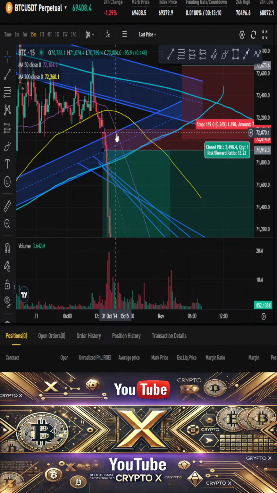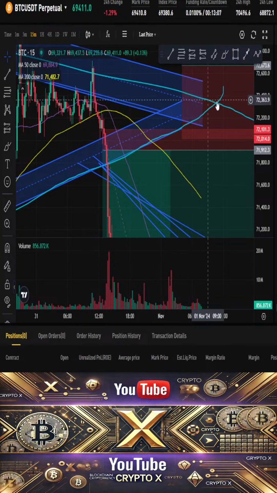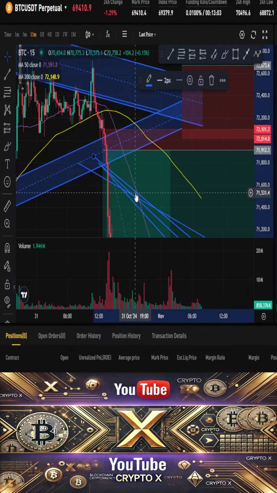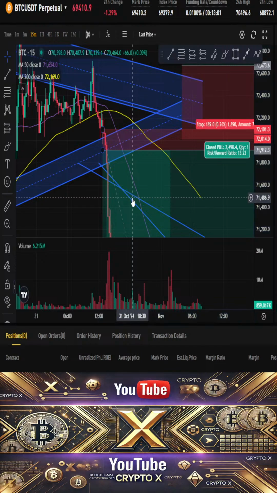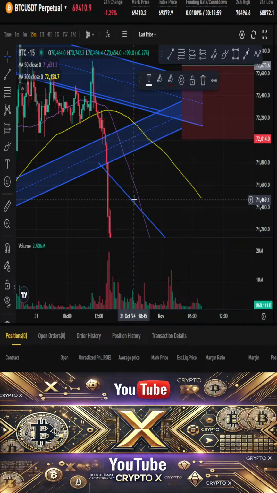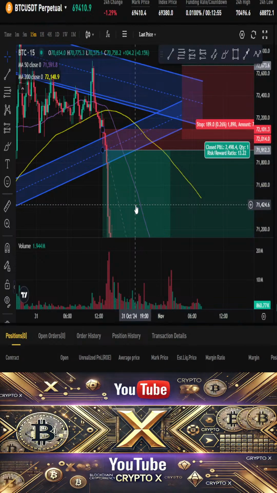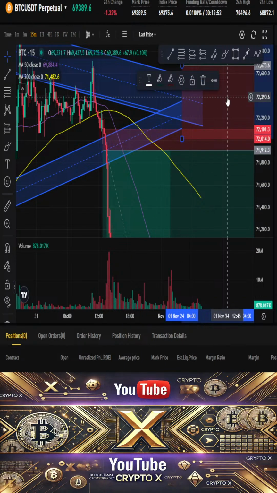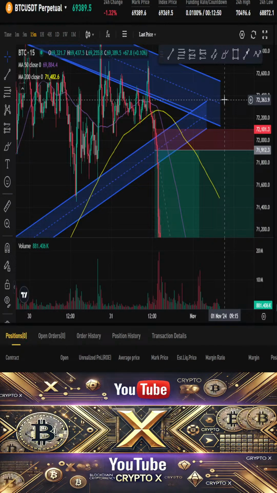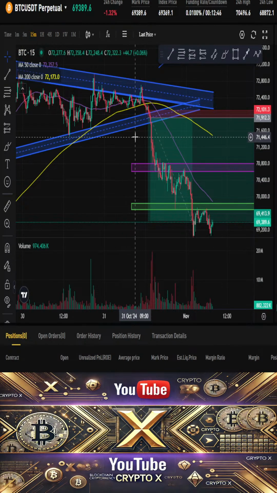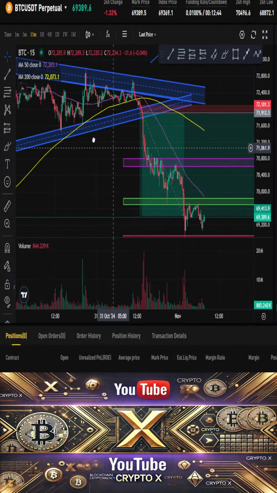Can I do a little cleaning of this? These lines were the support area I told you about yesterday. All right, so this is a clean chart.